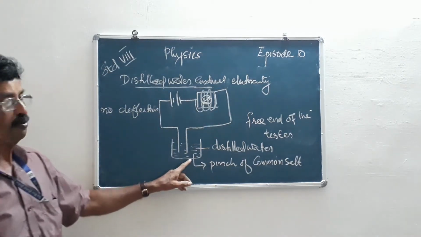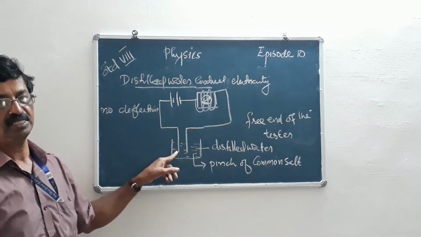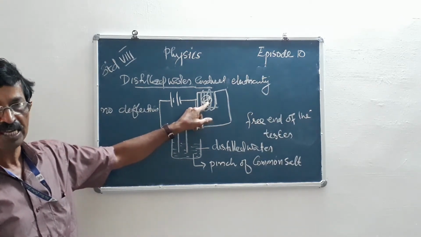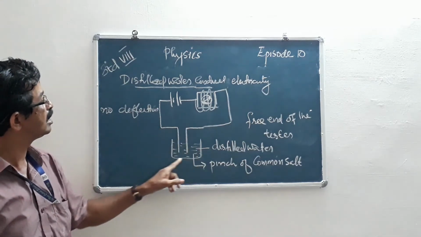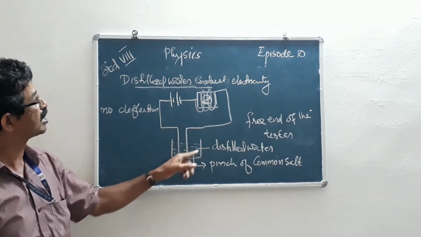Now we add a pinch of common salt into this distilled water. Then we can observe there is deflection, and it means now the salt solution becomes a conductor.